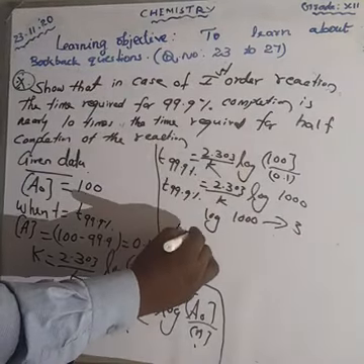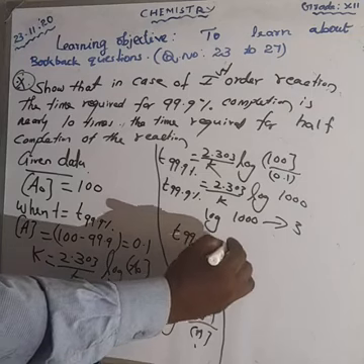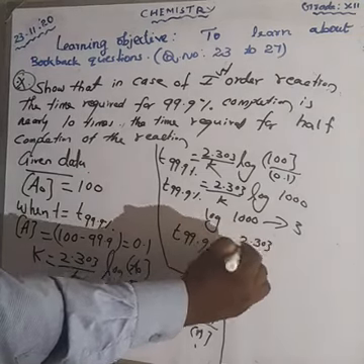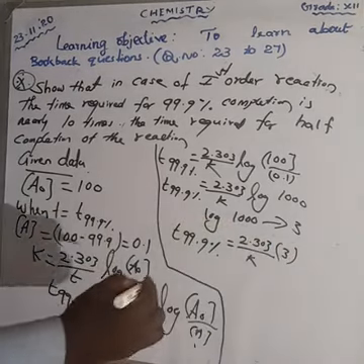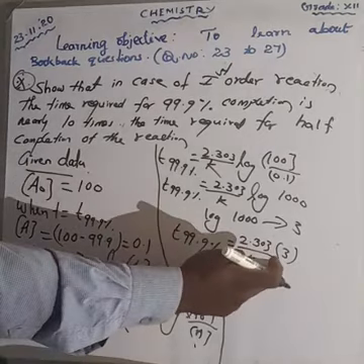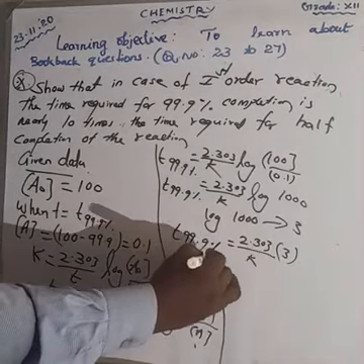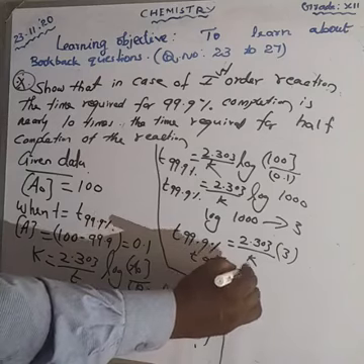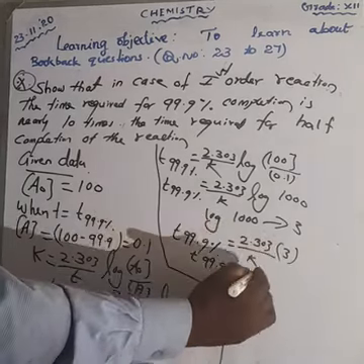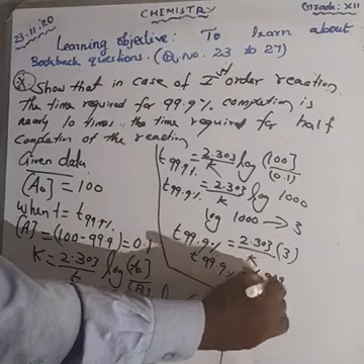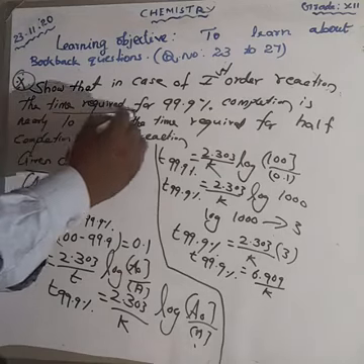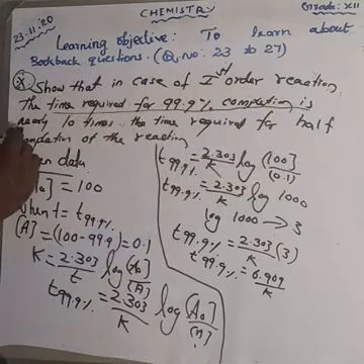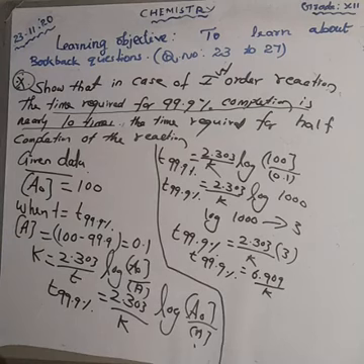So T 99.9% equal to 2.303 by K into 3. Multiplying by 3, we get 6.909 divided by K. The question is, time required for 99.9% completion is nearly how much? 10 times.